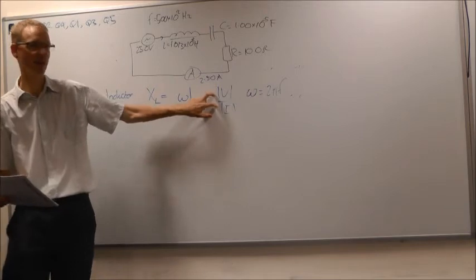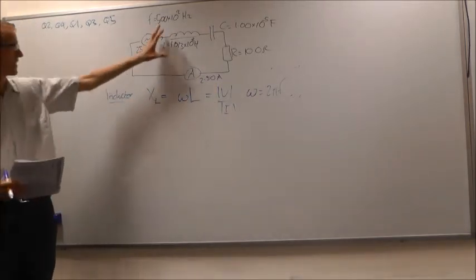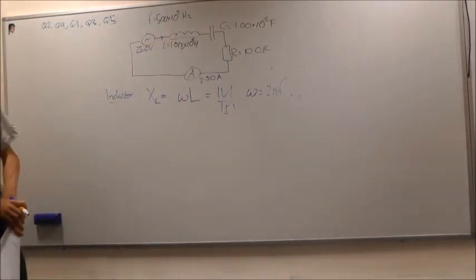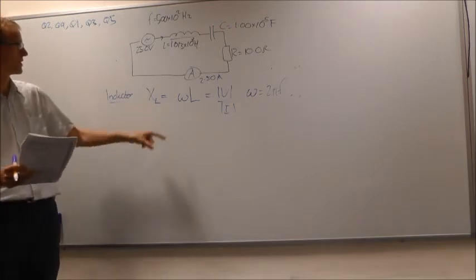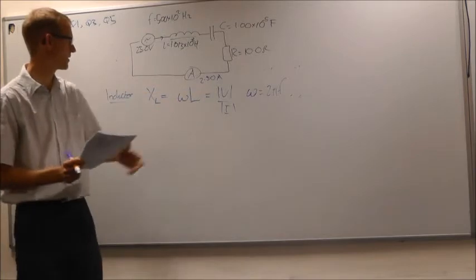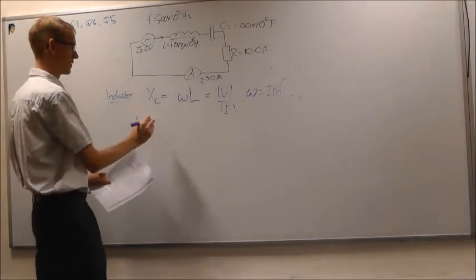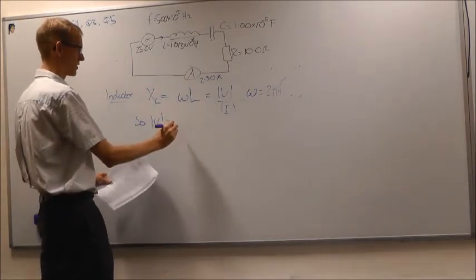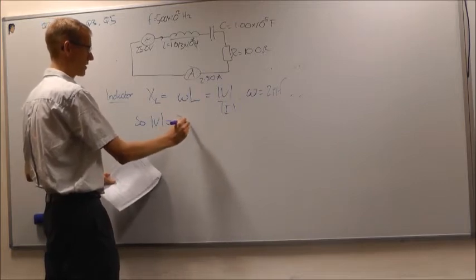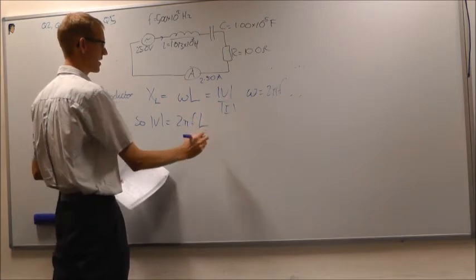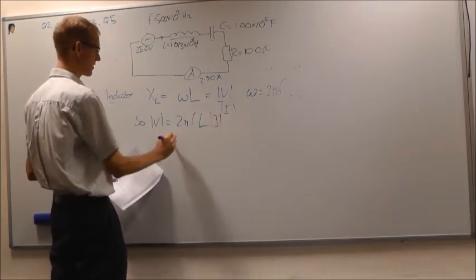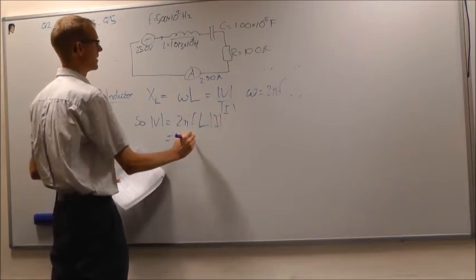I'm writing magnitudes there because it's an AC circuit, voltage and current are not in phase. So, what is the magnitude of the voltage? It's just omega, 2 pi times the frequency, times my inductance L, times the size of my current.